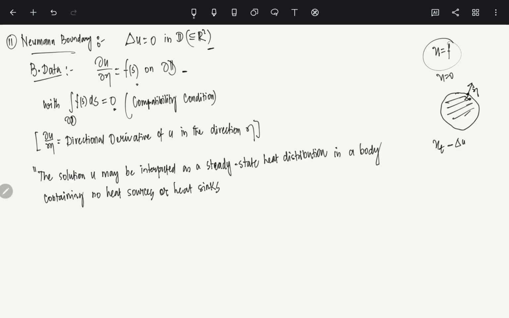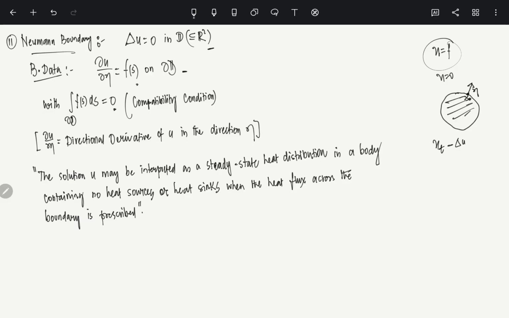Okay, when the heat flux across the boundary is prescribed, okay.